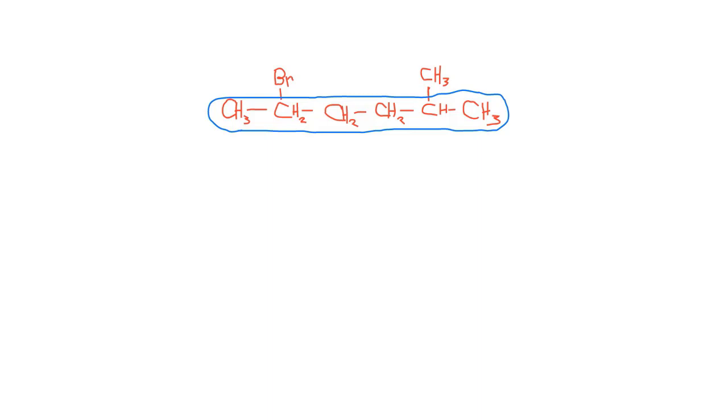Since this one would be called a methyl, and this is a bromo, then this would have to be numbered from this side because the B comes before M. Does that make sense?